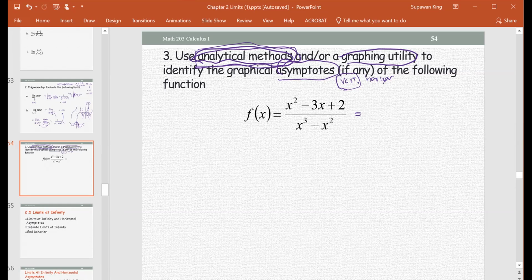The numerator would be x minus 2, x minus 1. Thank you. How about the denominator? X squared times 1 minus x.